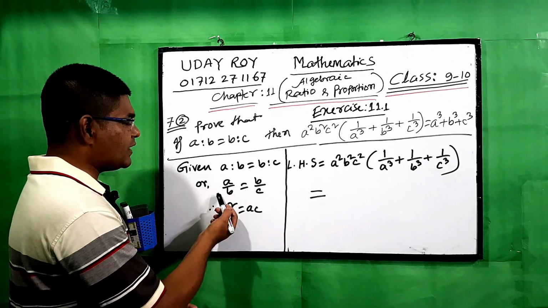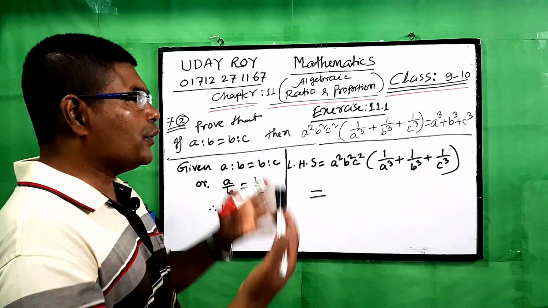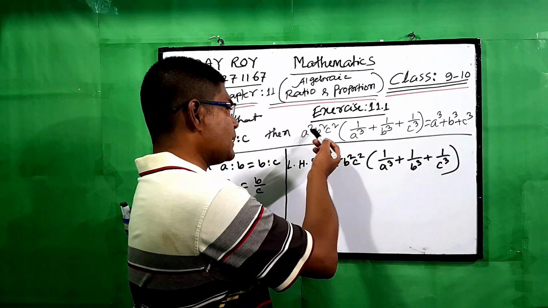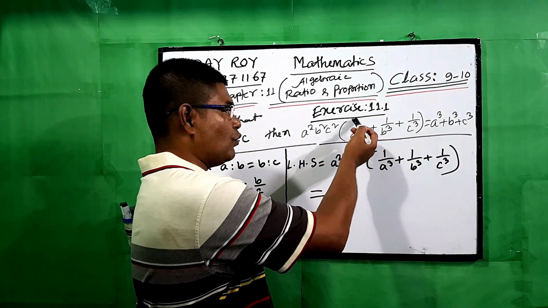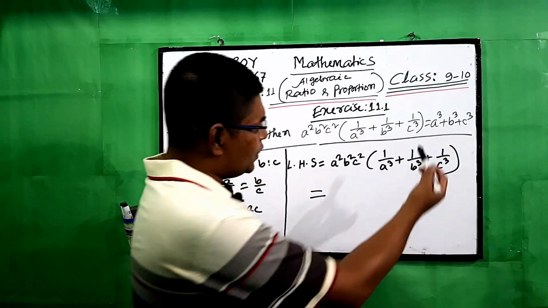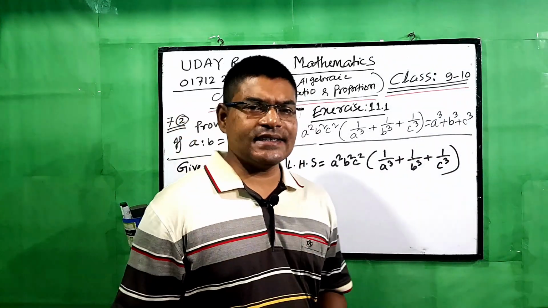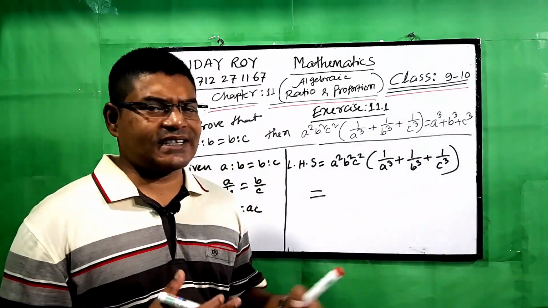For this, a by b equals b by c, so b square equal to ac. We have to prove that a square b square c square into 1 by a cube plus 1 by b cube plus 1 by c cube equals a cube plus b cube plus c cube. It is very easy maths. We can do the maths easily.